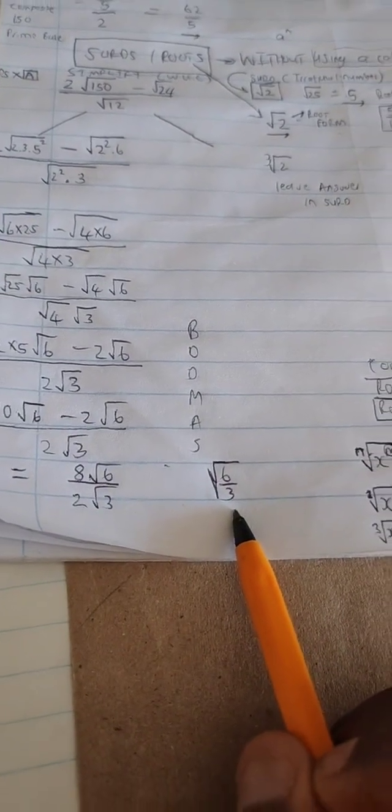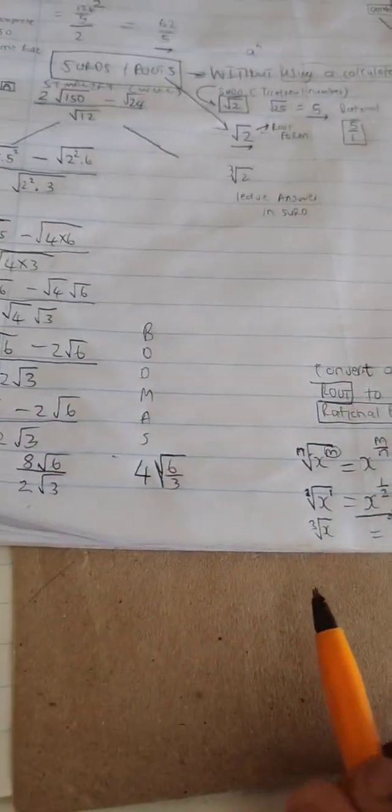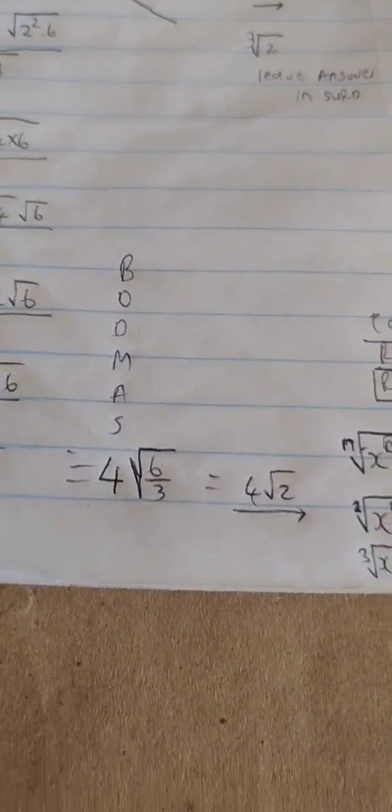But the root 6 will be written as root 6 over root 3, the entire thing. Outside, what's 8 divided by 2? It's 4.